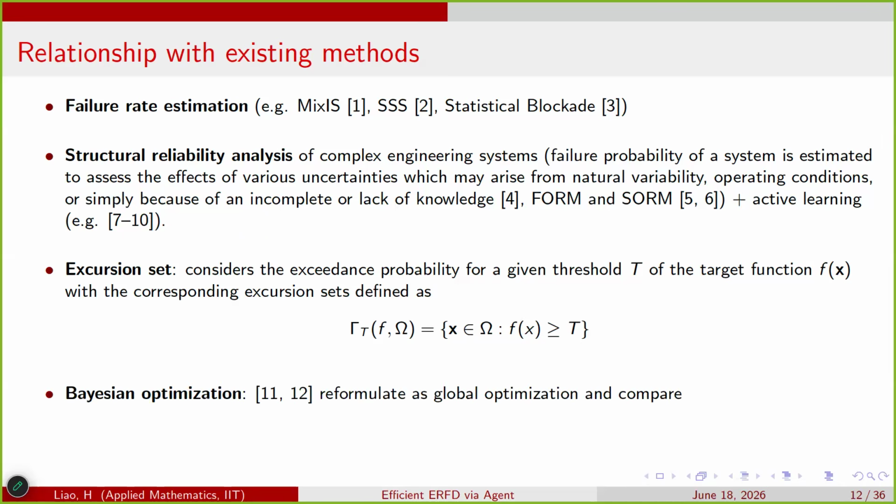And the next one is Bayesian optimization. It's not directly related, but it has some pretty nice features we can borrow.